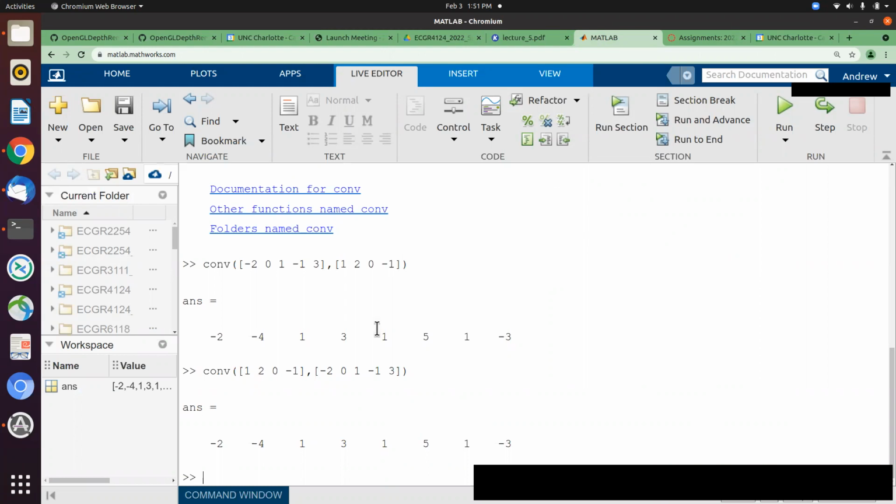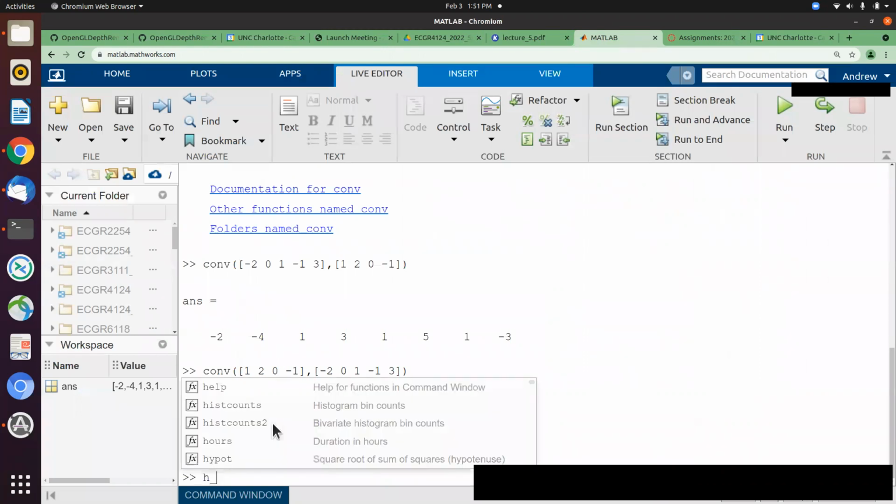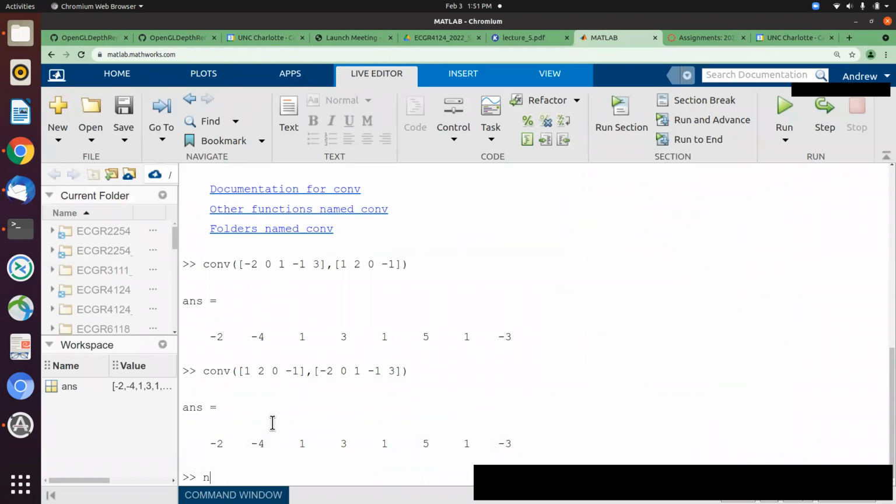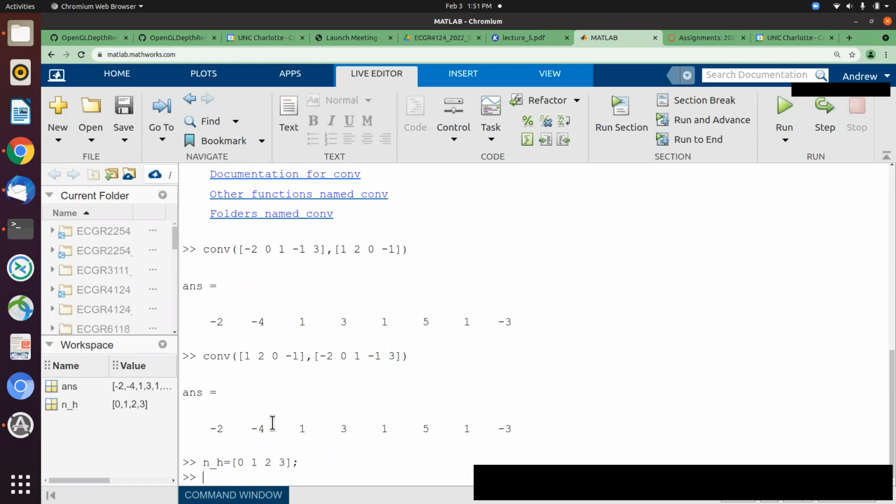If I were to write that signal for h of n, this went from 0 to 3. So I'd have a vector of n values for h, and I would list it as 0, 1, 2, and 3. And so now I've got the n values where h was defined.